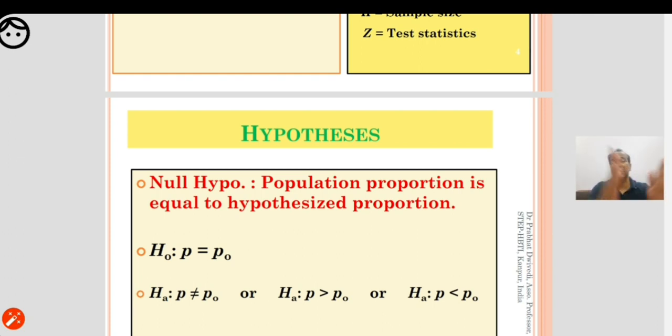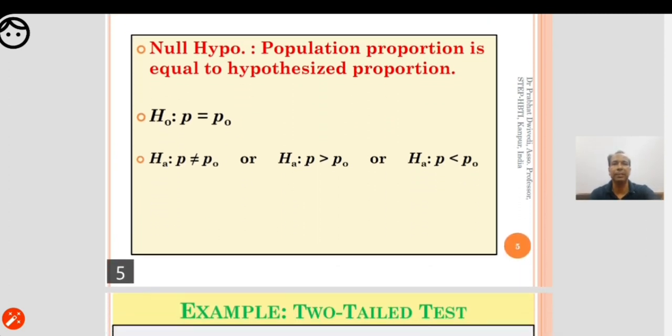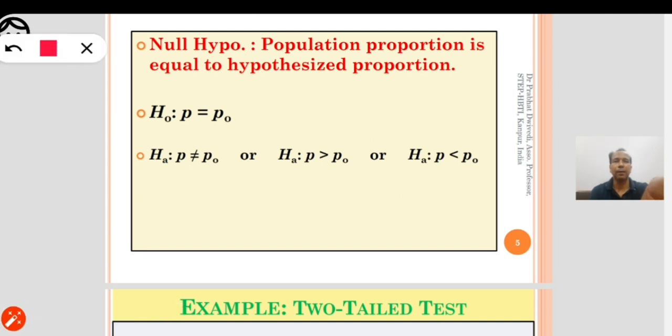So the null hypothesis is of no difference. It is stated as P equal to P naught, and the alternative hypothesis may have 3 choices: P is not equal to P naught, P is greater than P naught, or P is less than P naught.